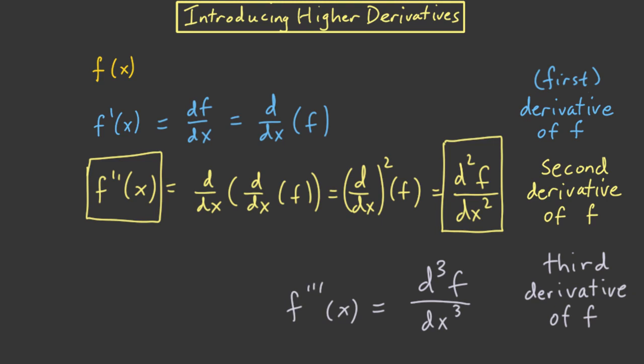Sometimes if there are too many primes, you might write f and then parentheses 3 in the superscript of x. But the most important are the first and the second derivatives. So that's what we're going to focus on most in this course.